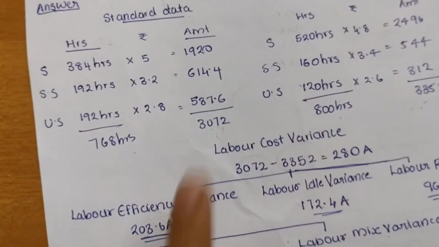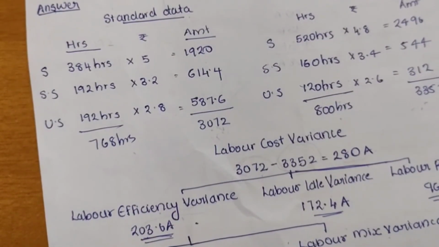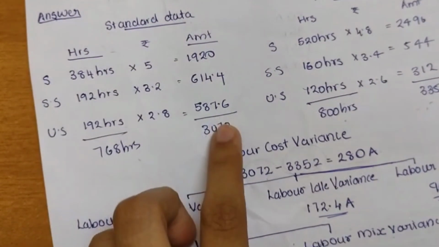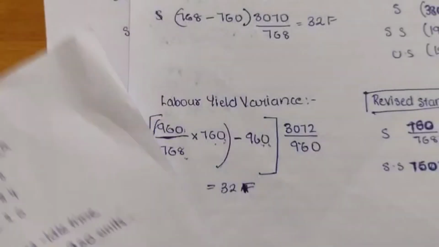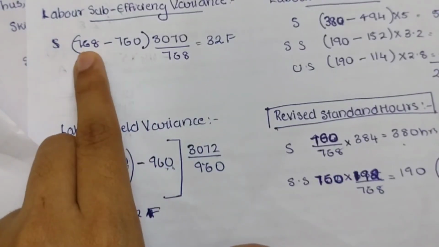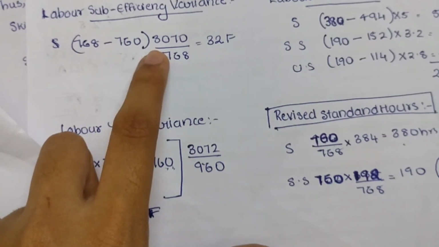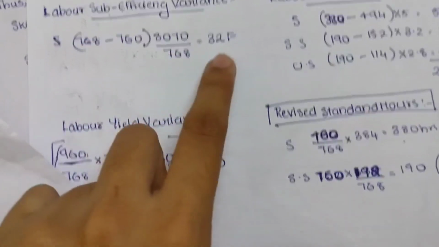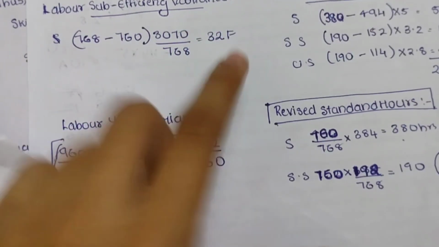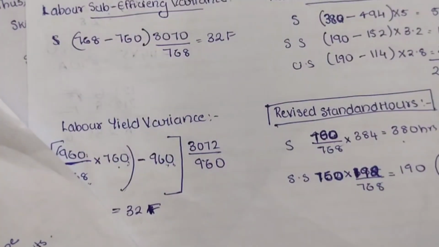Average standard rate means we should take the weighted average, so 3072 divided by 768. That is exactly what I have done here: total standard hours minus total actual hours worked into average standard rate. So we'll get 32 favorable. There is another option as well. You can also opt to do labor yield variance.